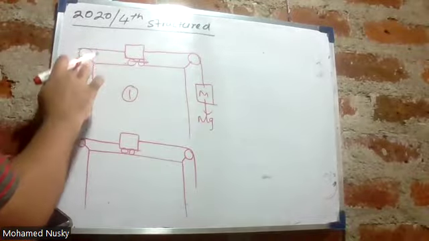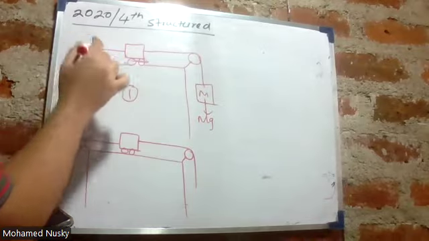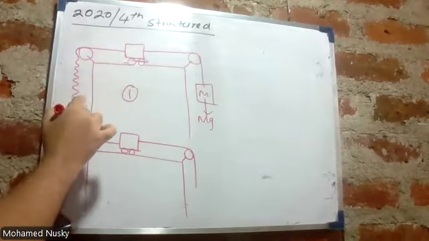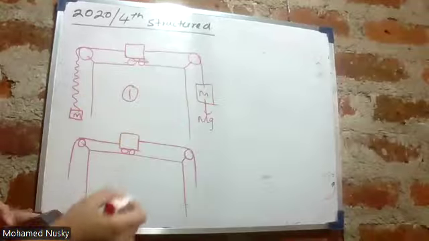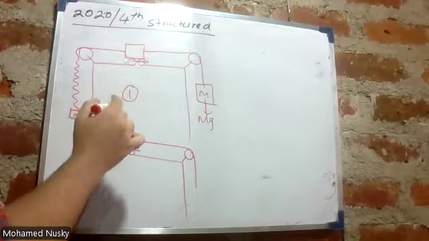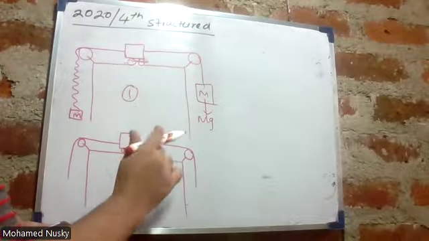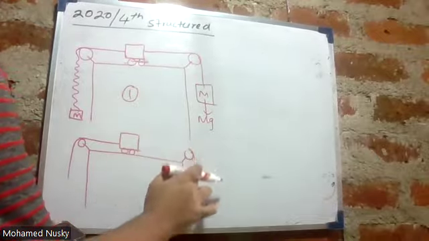This is a slack string. Second instance, both are slack strings.